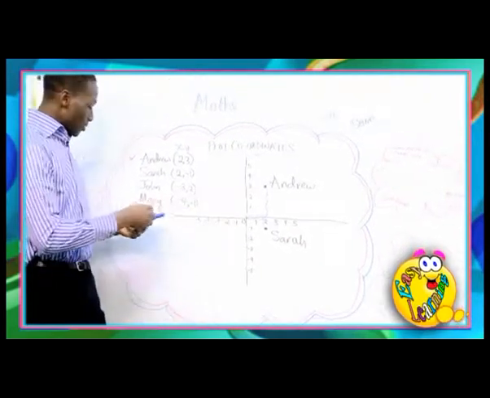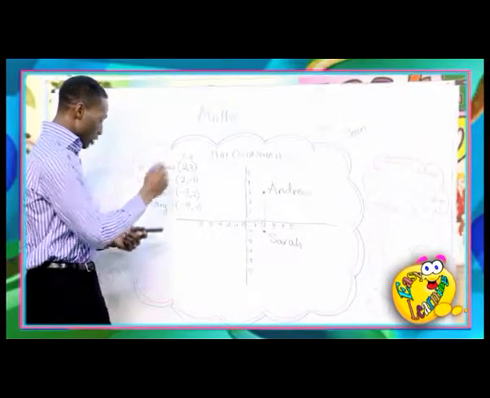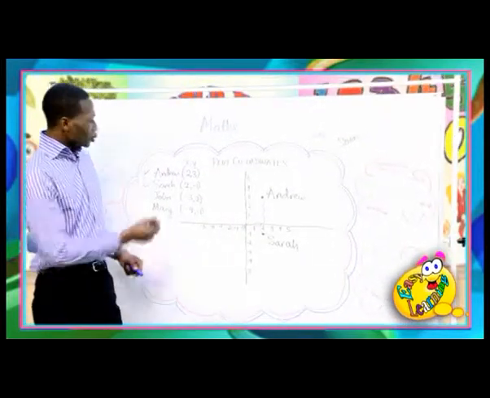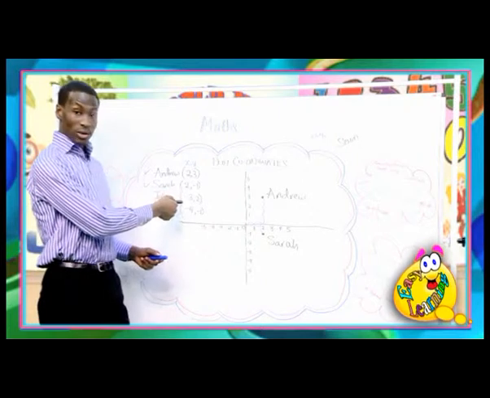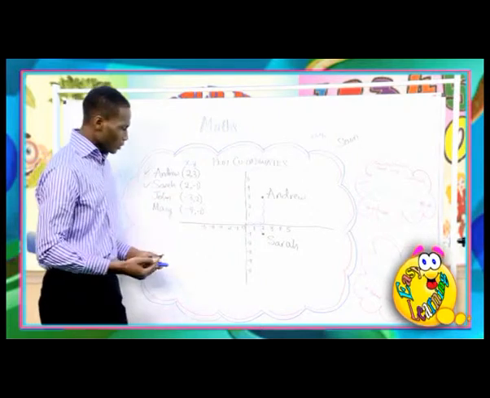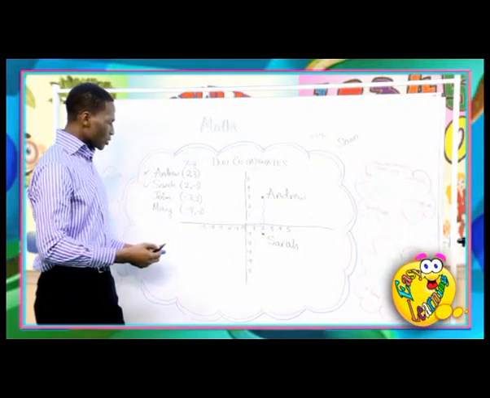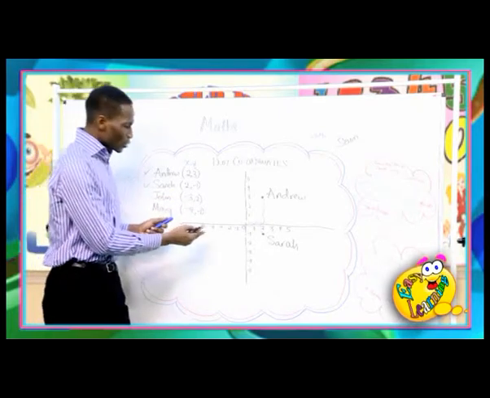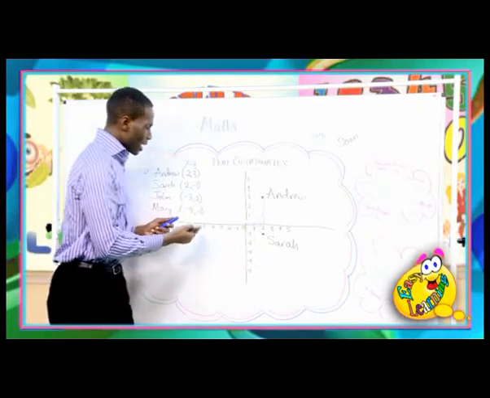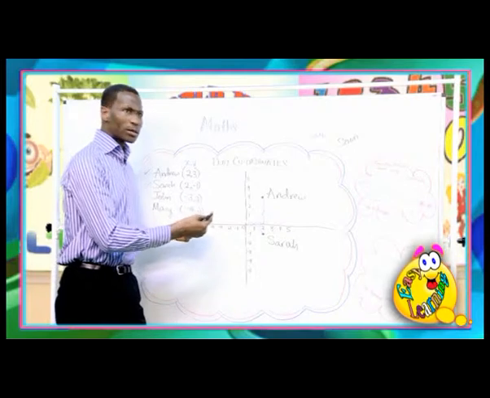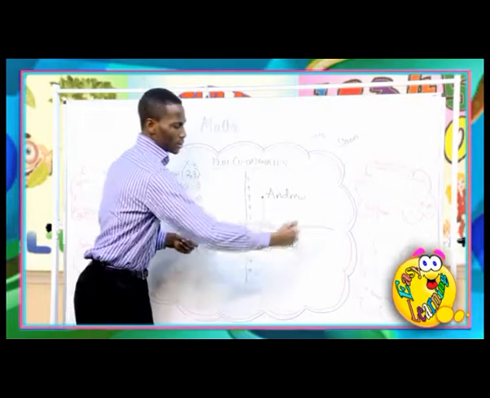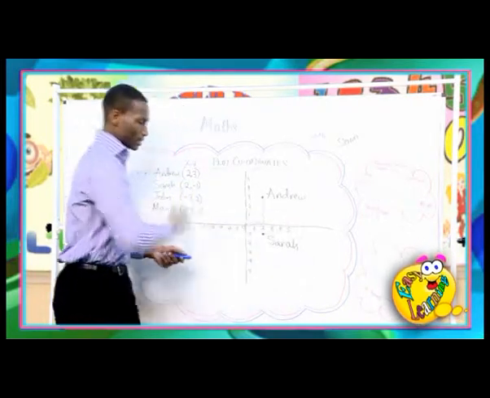Now that we've helped Sarah, let's see if we can help John. John's position is minus 3, 2. The first is x. So we know this is our x, and we're moving minus 3. This is the positive part for x, and this is the negative part.